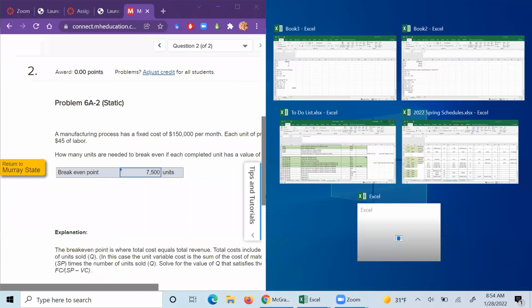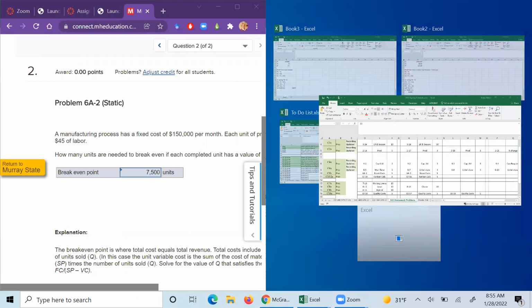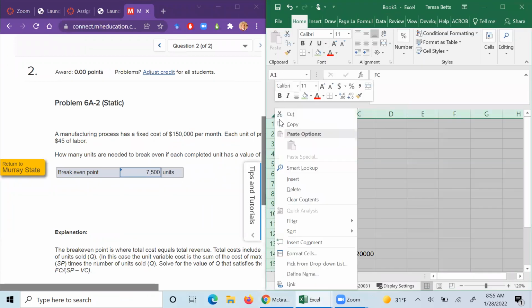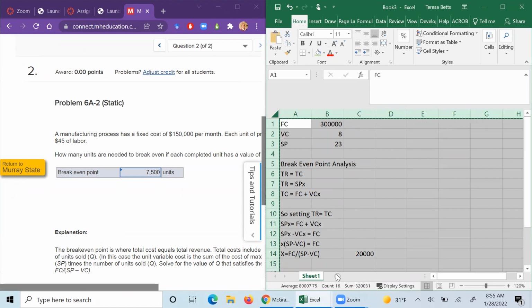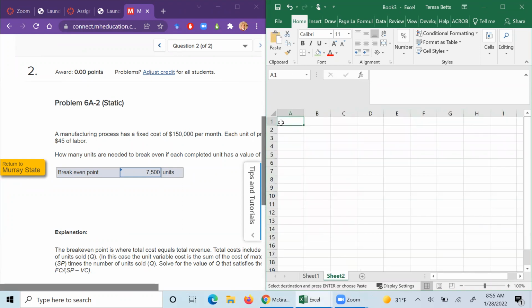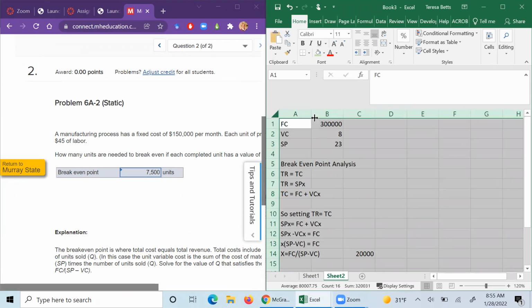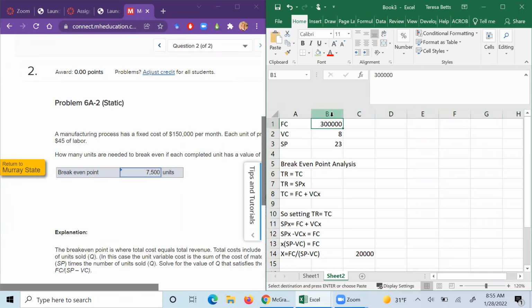That being said, I'm going to show you how we can quickly do this now that we've done it in Excel. I can copy this sheet to this sheet. I wouldn't necessarily need all of the explanation in there, but we have fixed costs of $150,000.